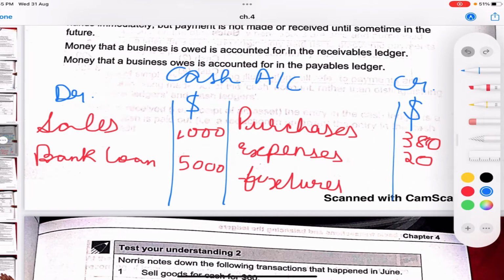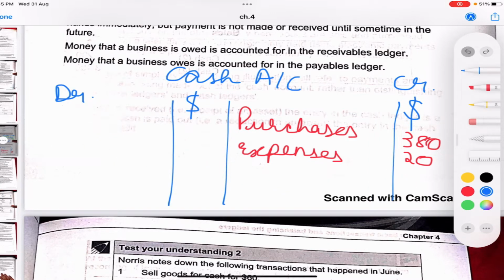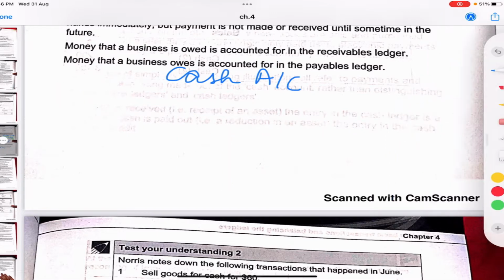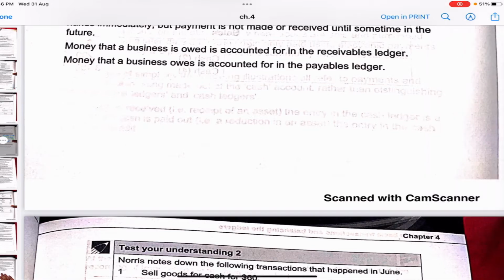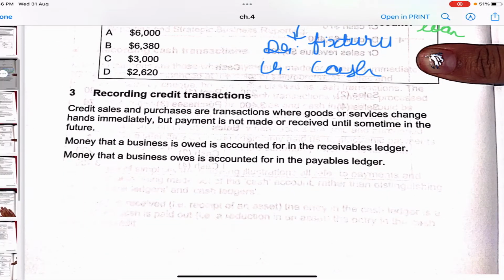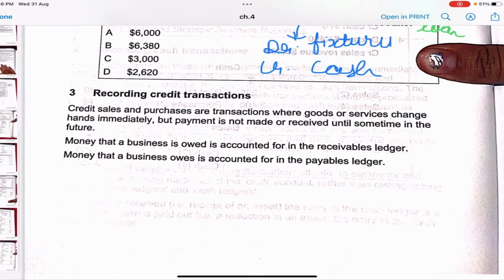Okay. So now let's move on to the next concept in this chapter. We've done the test understanding as well as the illustration. Recording credit transactions. Credit sales and purchases are transactions where goods or services change hands immediately, but payment is not made or received until some time in the future. Money that a business is owed is accounted in the receivables ledger.